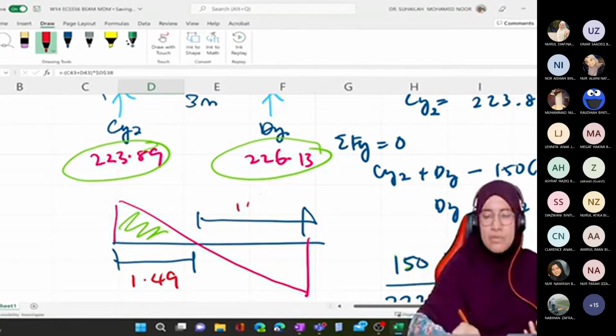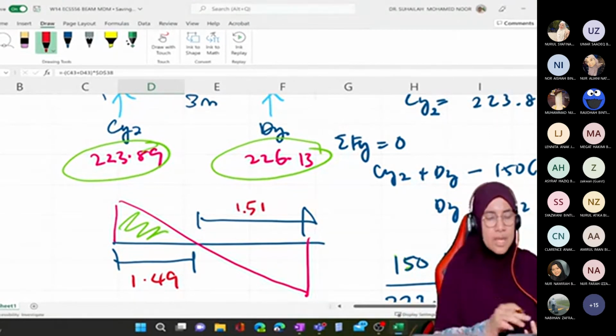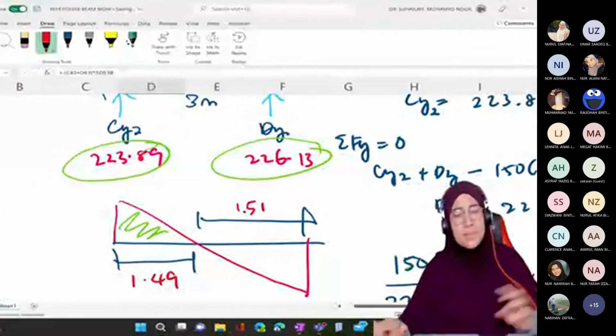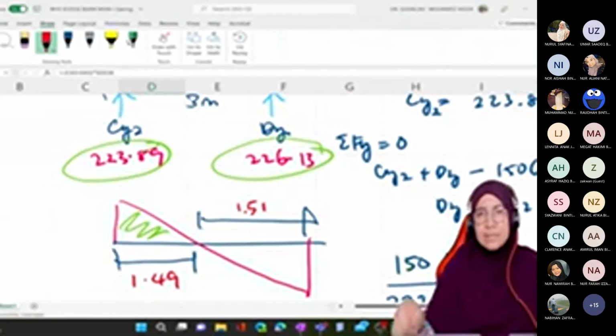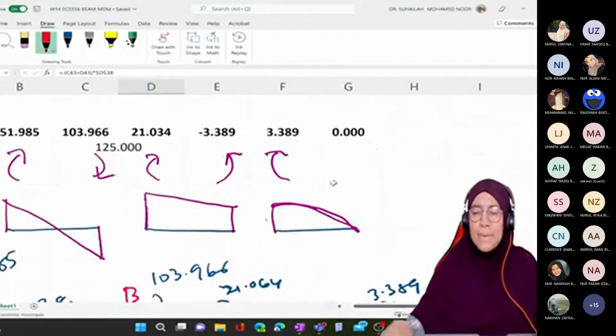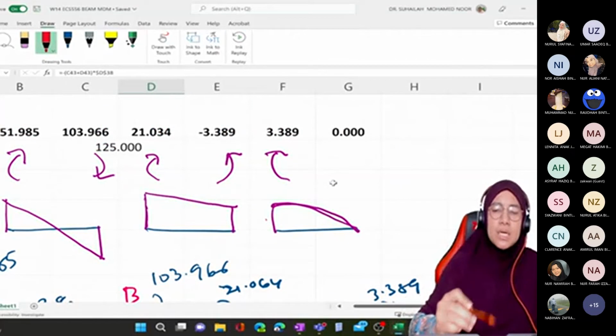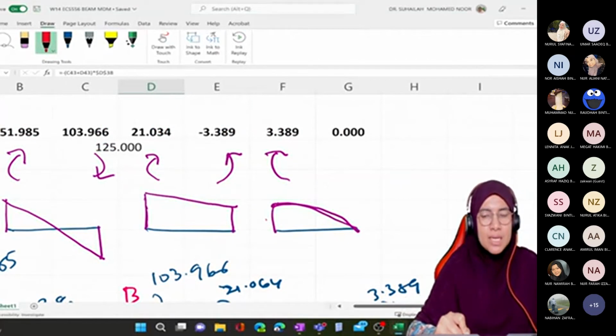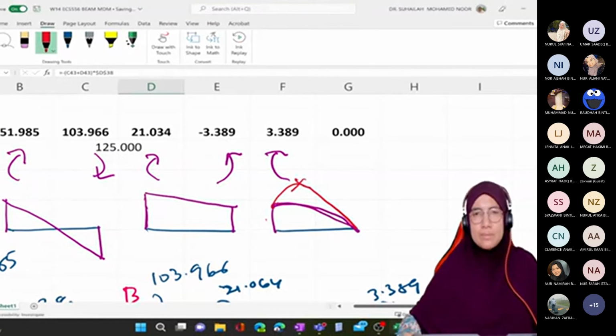We get 1.51. Total is 3 meter. Then only we can identify the maximum moment. So dia ada maximum moment lah kat sini.